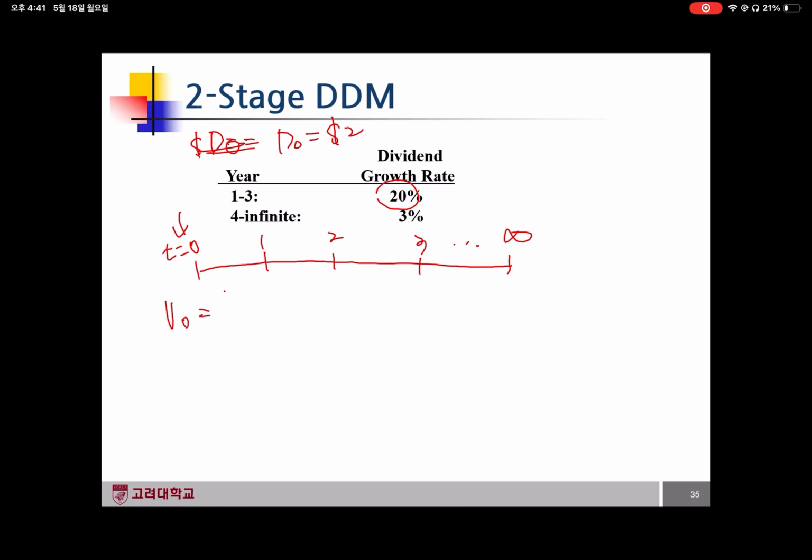So if you buy the stock at time 0, the value of the stock is D1, which is $2 times 1 plus 0.2, over 1 plus k at time 1, plus D2. What is D2?